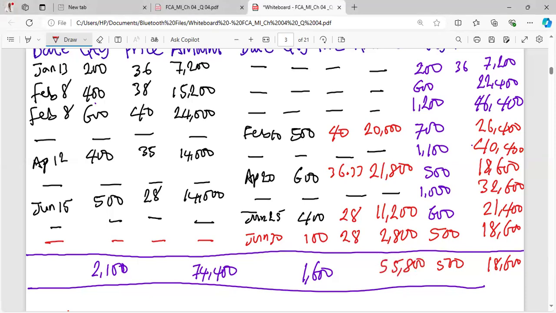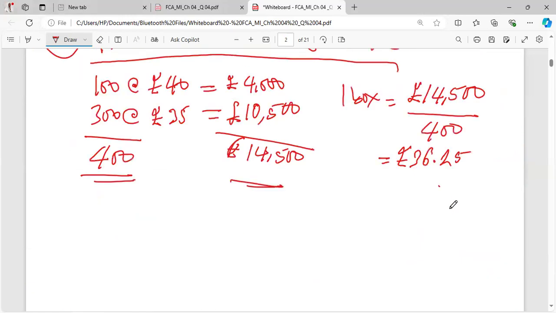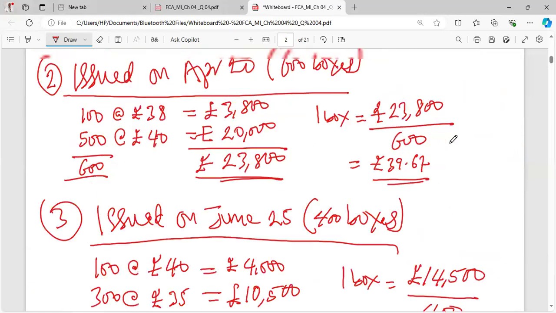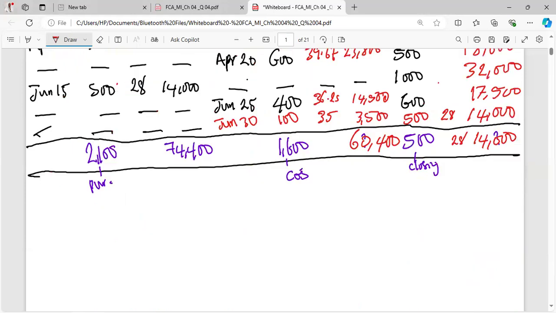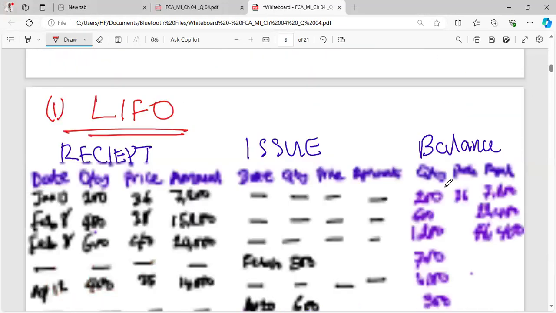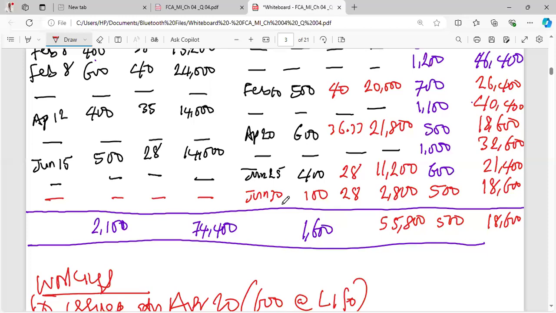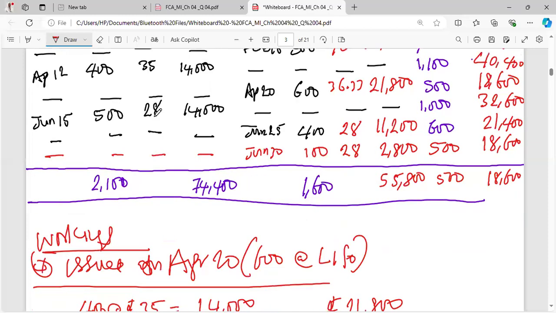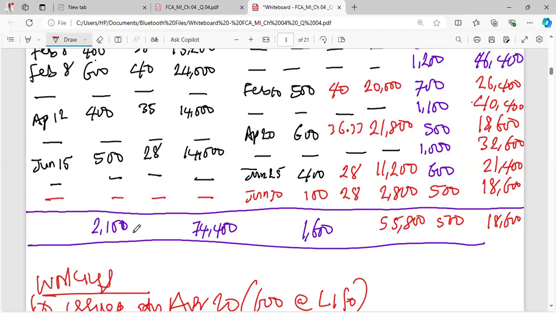Okay, just like we identified in FIFO, where this 500 was the price, we said it was at 28 naira. What about LIFO? This LIFO 500 consists of, let's see how many we've canceled out.